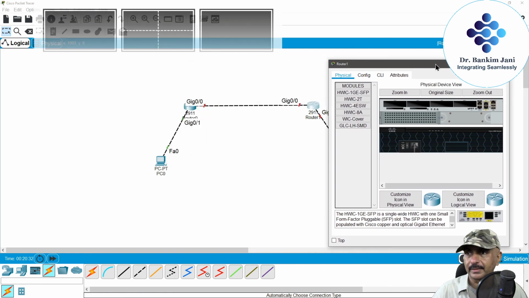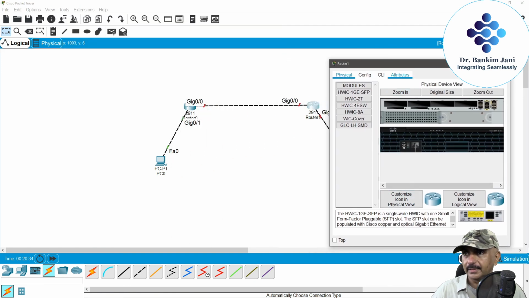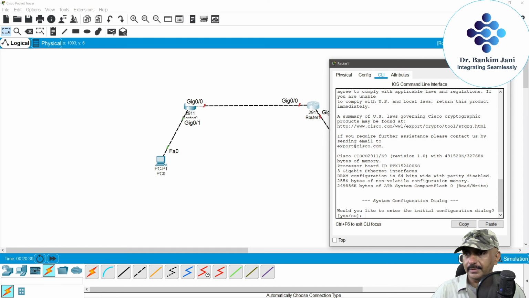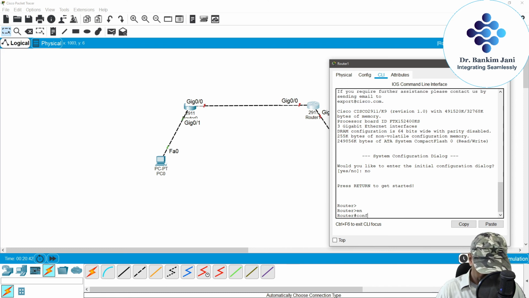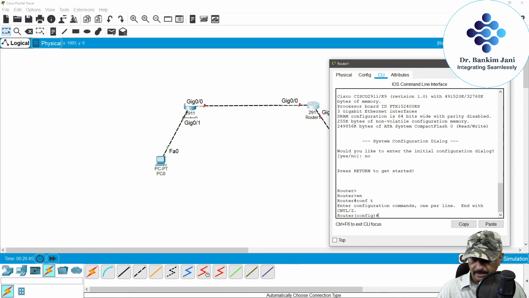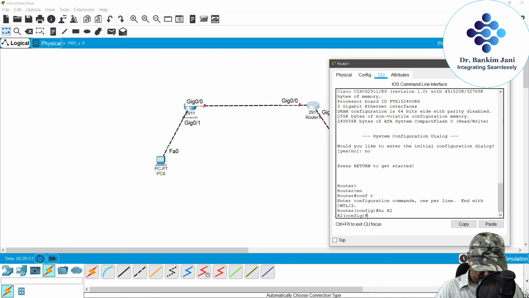Similarly, we configure the second router. Enable, config t, and we give the host name R2.